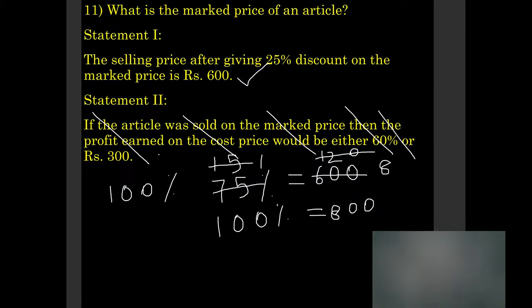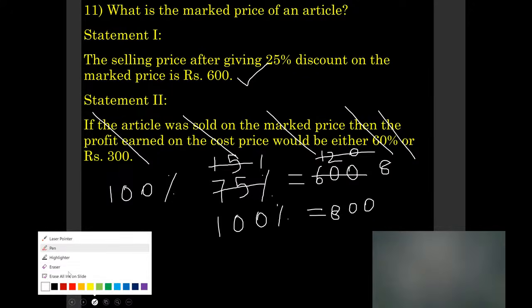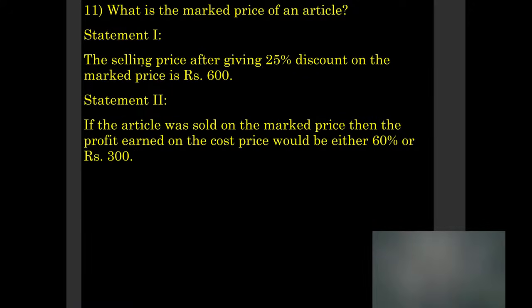Next, let us consider whether we can find the answer from statement 2 alone or not. Let us check statement 2. We should not consider statement 1. If the article was sold at the market price, then the profit earned on the cost price would be either 60% or 300.